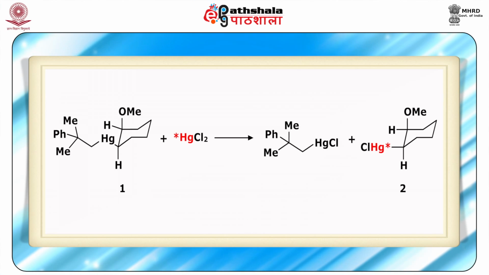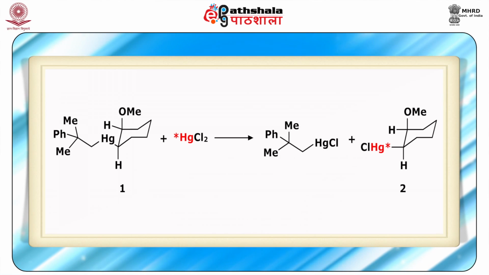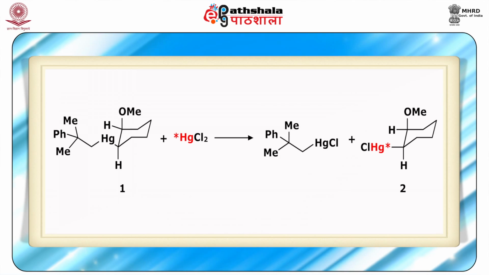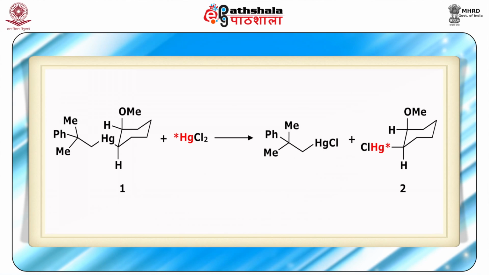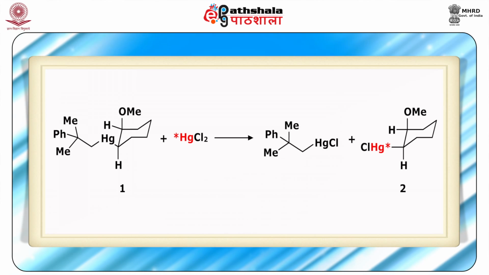You can notice in this equation that this particular group is getting replaced by HgCl. You can see the labeled Hg is getting incorporated, and it is not that the initially present Hg is there in the product.